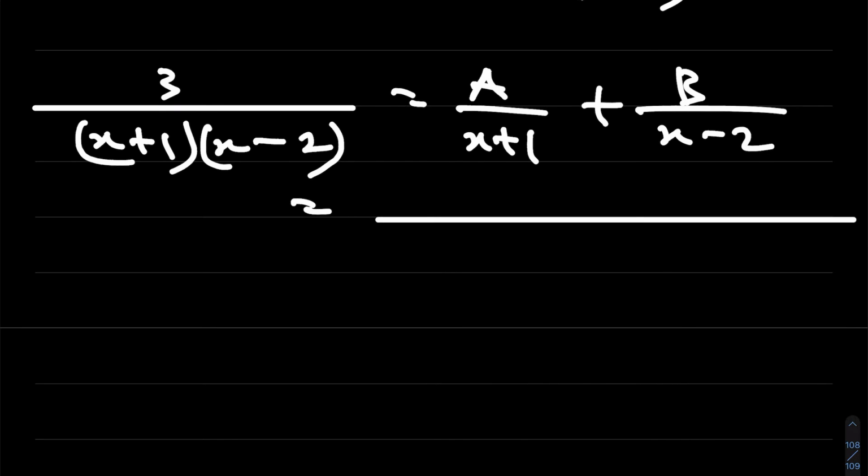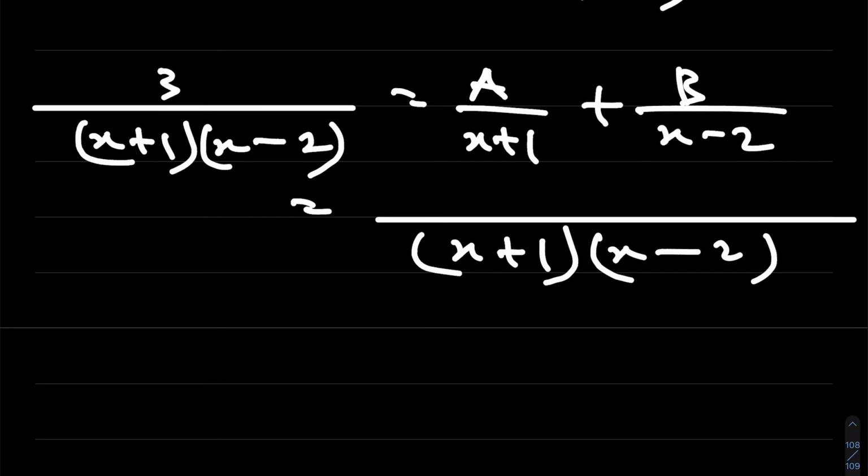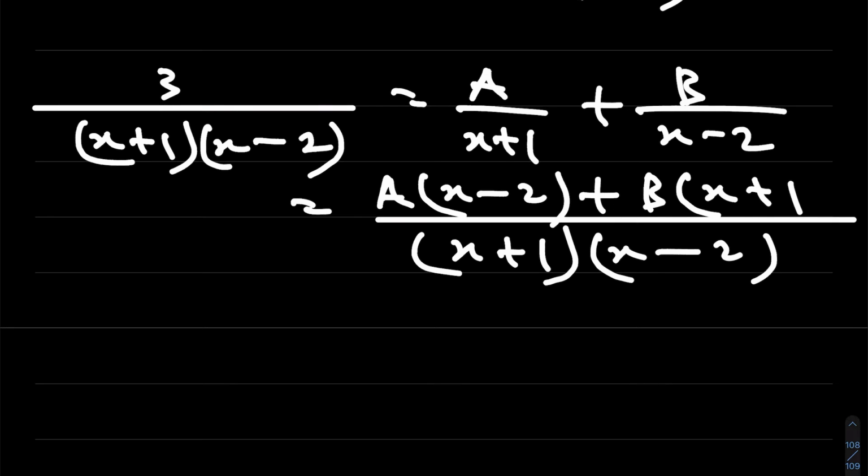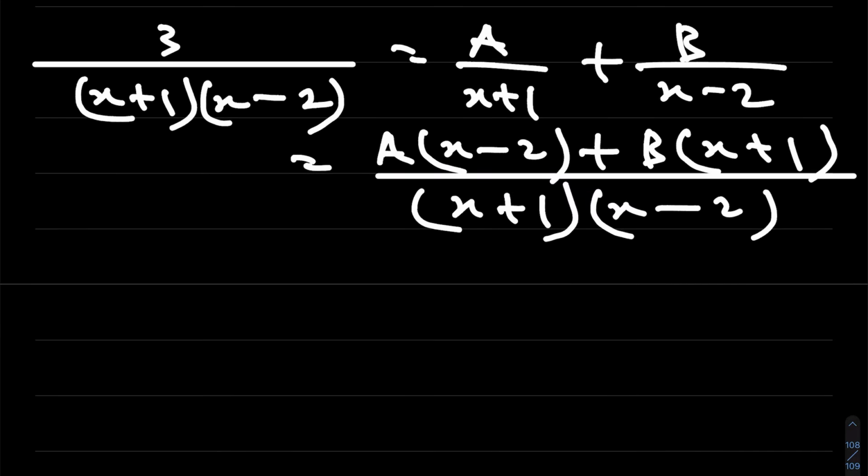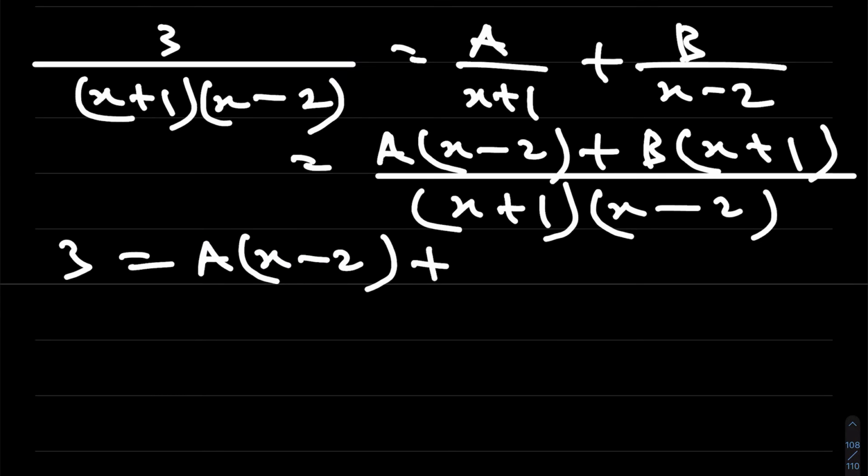The LCM of the denominators is x plus 1 times x minus 2. And the numerator will be A into bracket x minus 2 plus B into bracket x plus 1. That simply means 3 is equivalent to A into bracket x minus 2 plus B into bracket x plus 1.